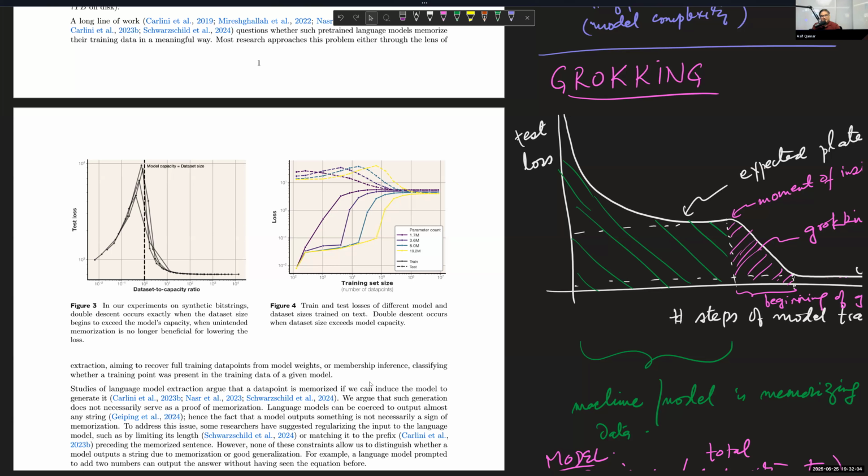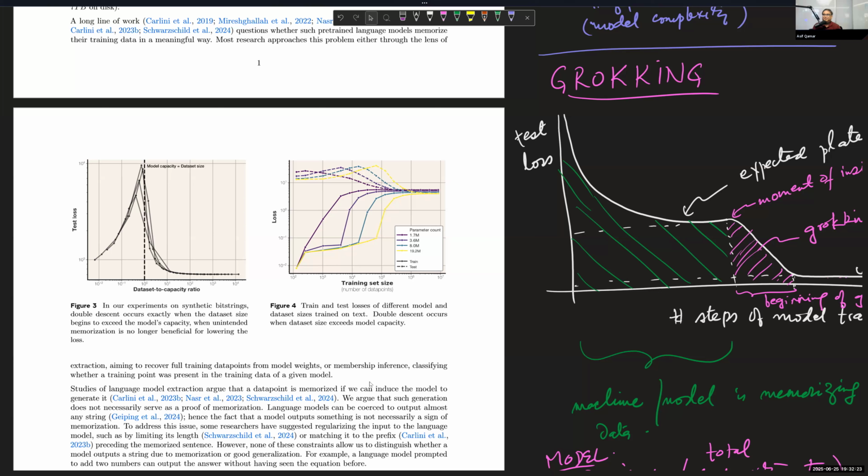Now, when you talk of memorization and generalization, you can talk in terms of statistical terms, information theoretic terms, like Shannon information theory, which would talk about aggregate statistical measures. What proportion of the data?